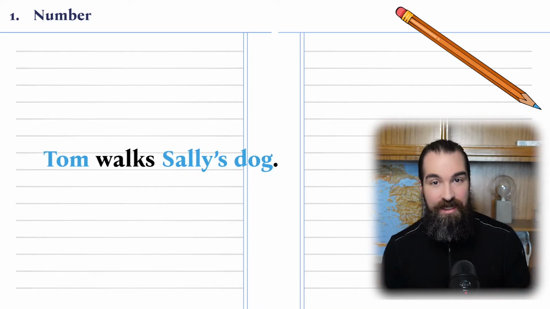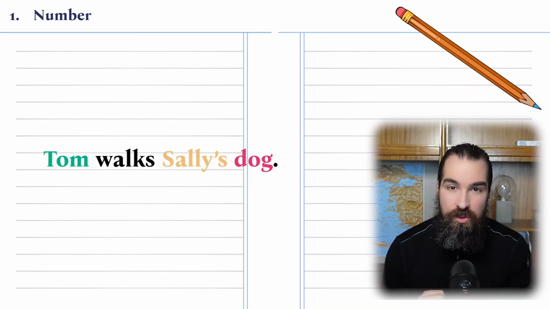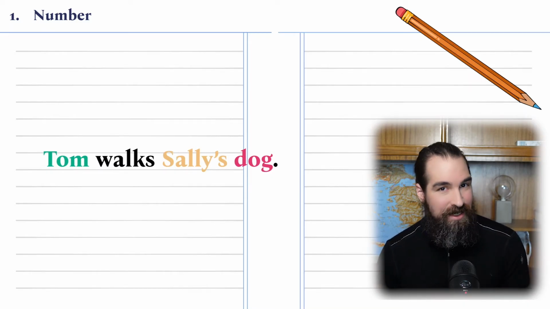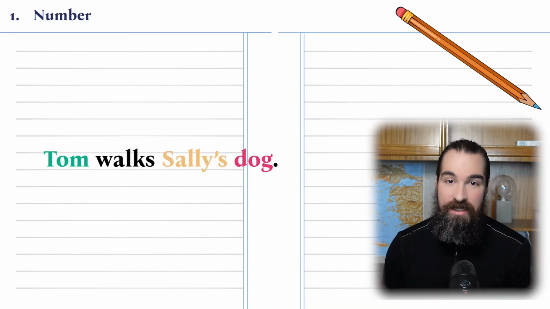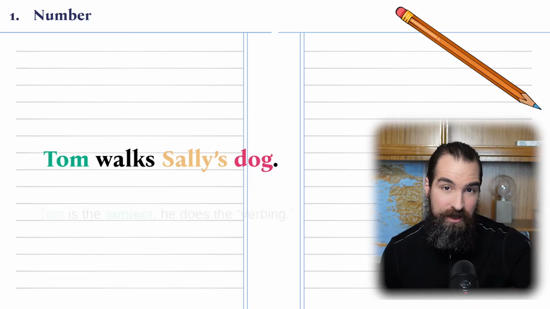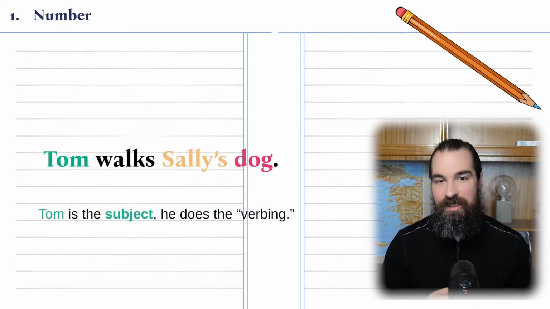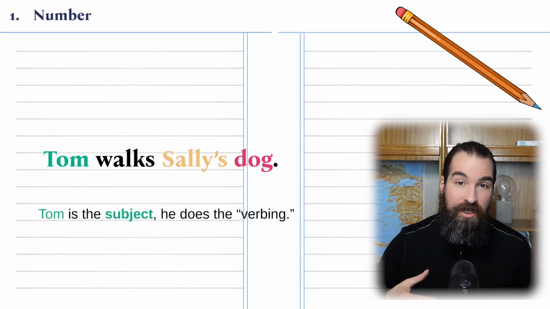Tom, Sally, and dog. But if we look closely, they're all doing something a bit different. Their function in the sentence is different. Tom, in the sentence, is called the subject. He is the one who does the verbing.